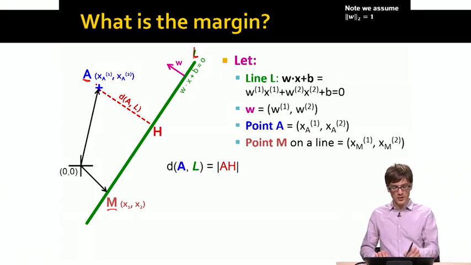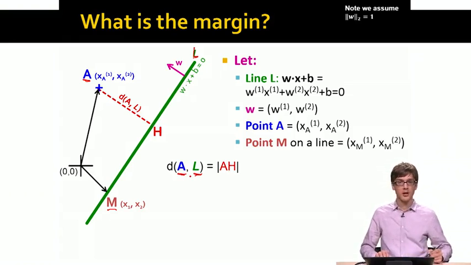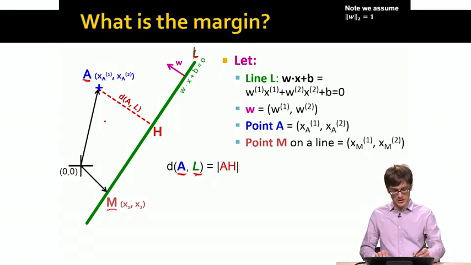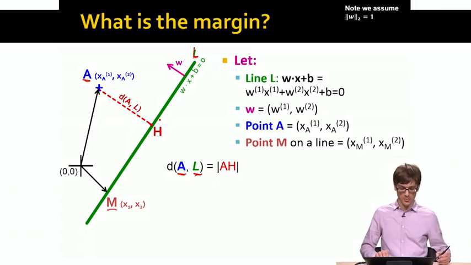We would like to find the distance between the point A and the green line L. This is the distance between the point A and the point H that is closest to A, where H has to be on the line.